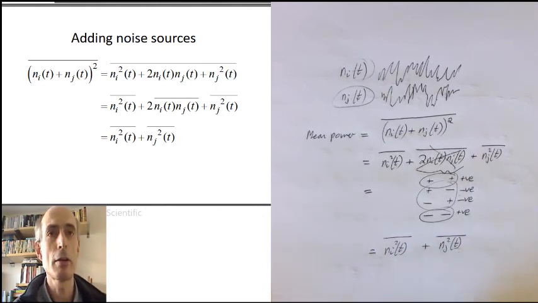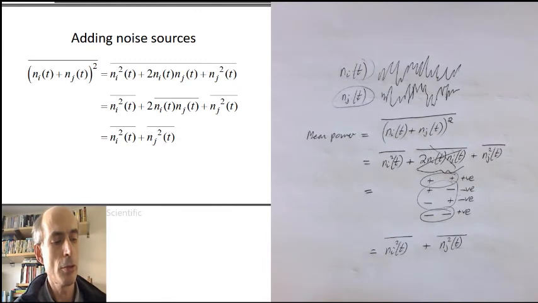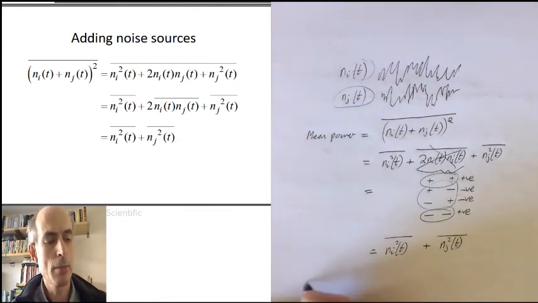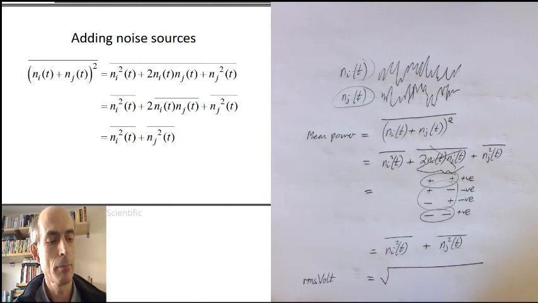In terms of the RMS voltages, we know that the voltage is the square root of the power, so the RMS voltage of the sum would be the square root of the square of the RMS of I plus the square of the RMS of the noise source J.